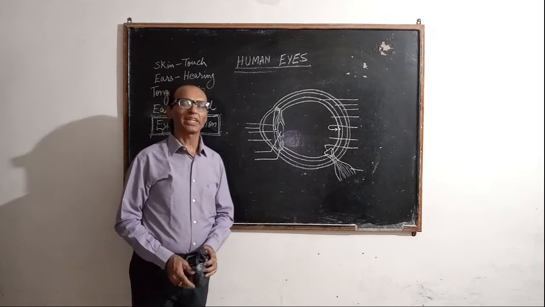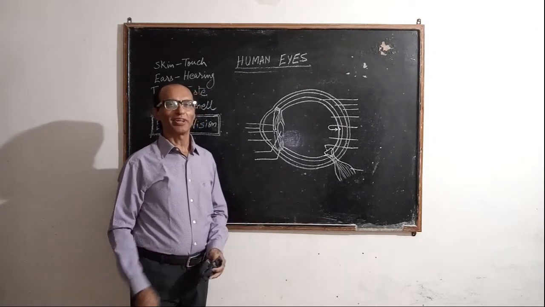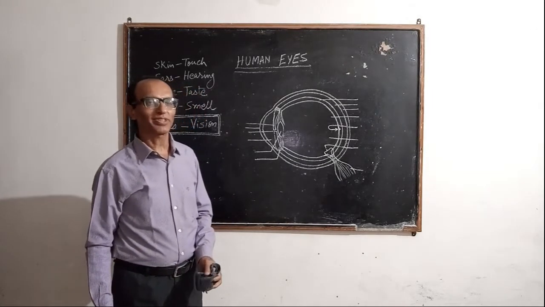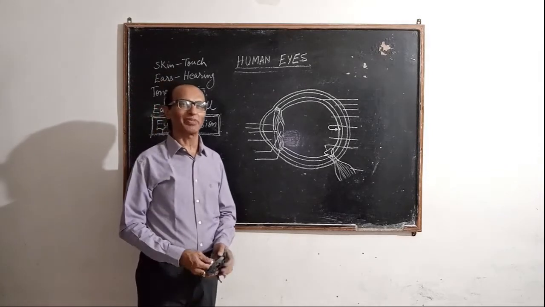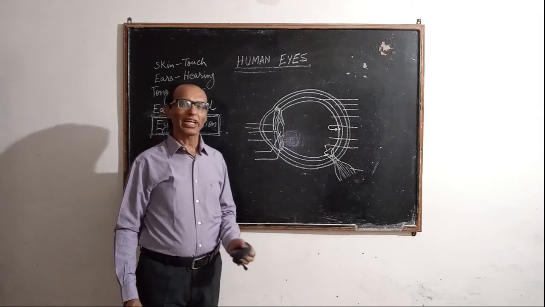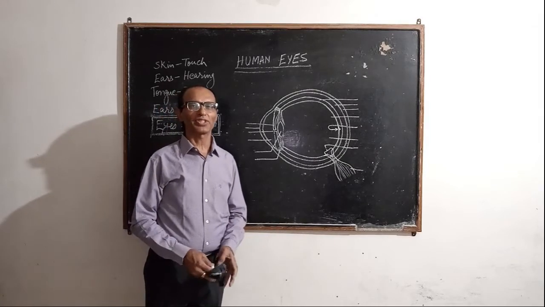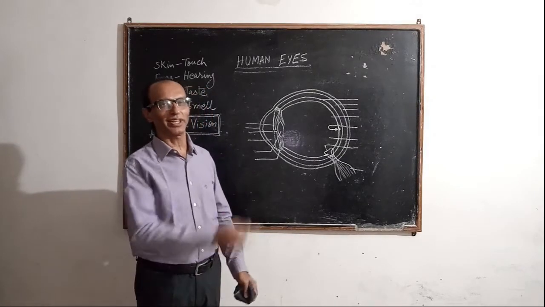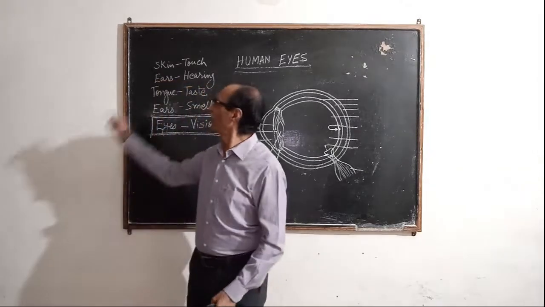I start today's lesson first with an apology for the mistake in our last class. In the last class, we talked about the 5 senses, and luckily it is already there on the board.